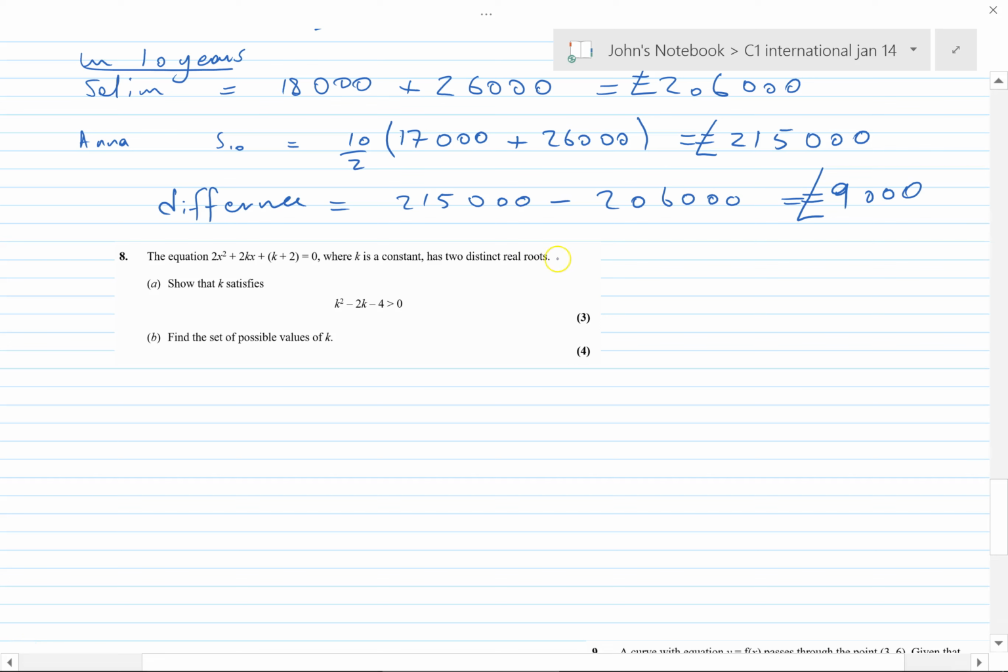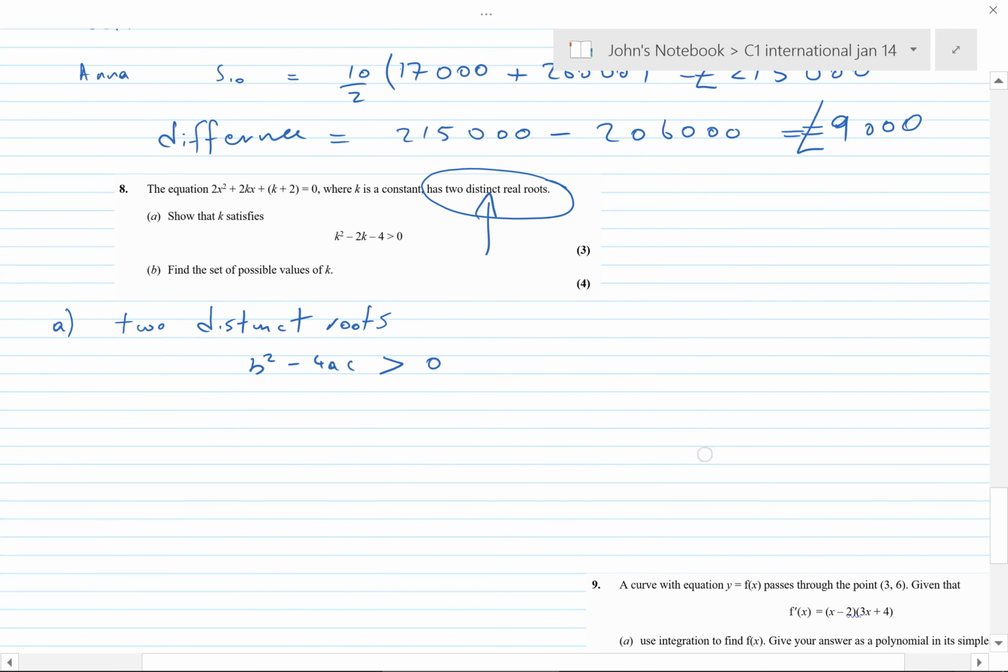Okay, first part is standard discriminant. Because it's two distinct roots, we can say that b squared minus 4ac has got to be greater than 0. Not equal to 0 because of the distinct part of it.